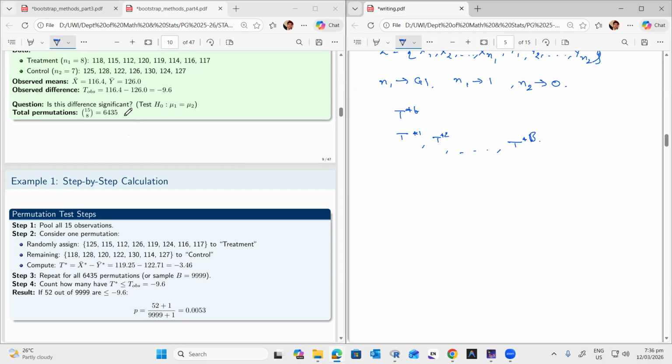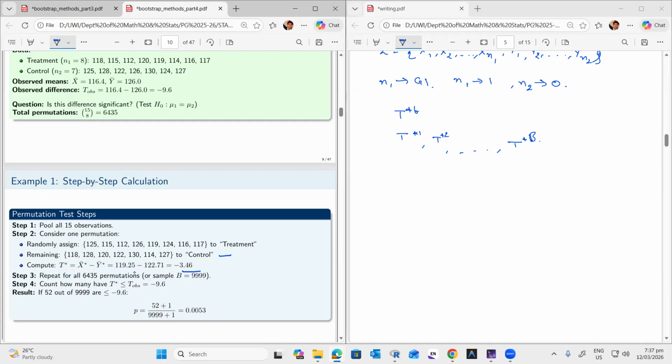Here, 125 and 124 are observations from the control, but we are assigning them to treatment, and 118 and 120 are from the treatment, but we are assigning them to the control. Suppose this is one permutation we got. We calculate the difference of their means, which comes to minus 3.46.